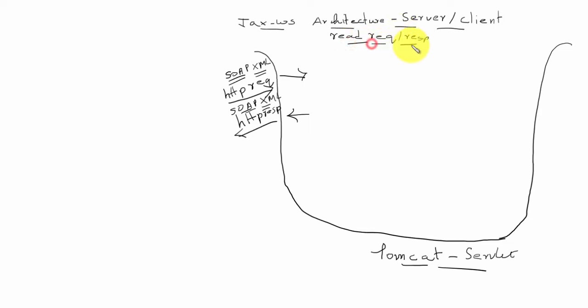The framework is responsible for taking the request in XML format and generating the response in XML format, that is, SOAP based XML. For that, the framework has certain components which we are going to understand. That is what I call the JAX-WS architecture.